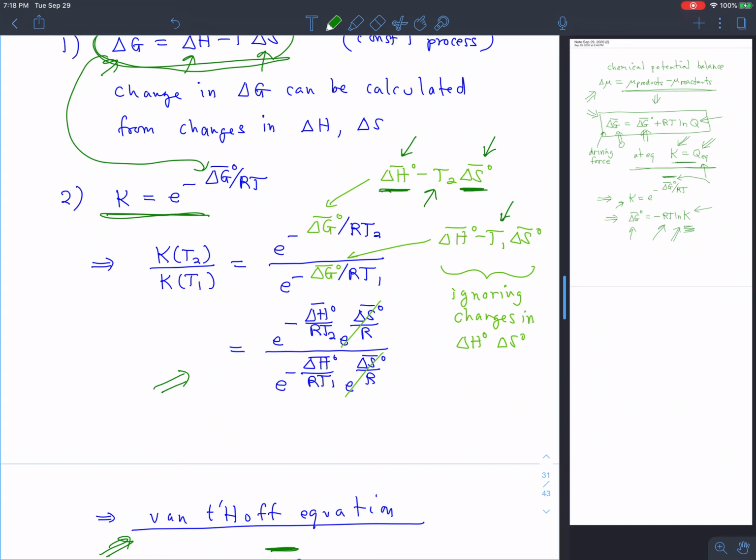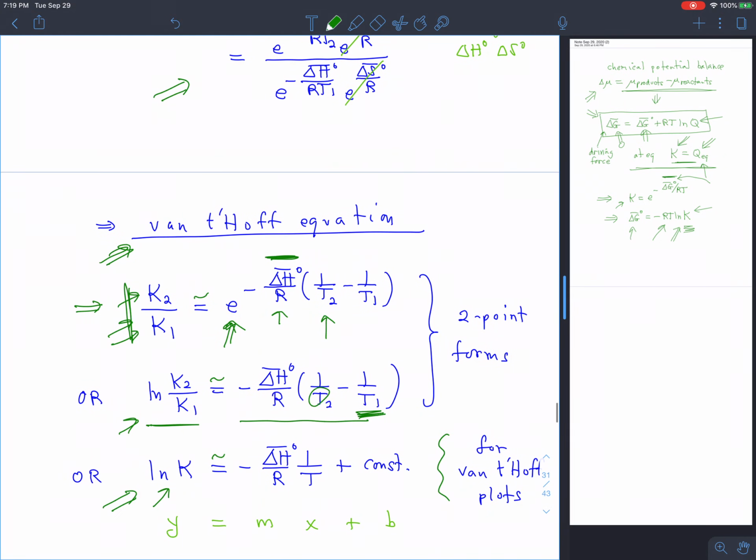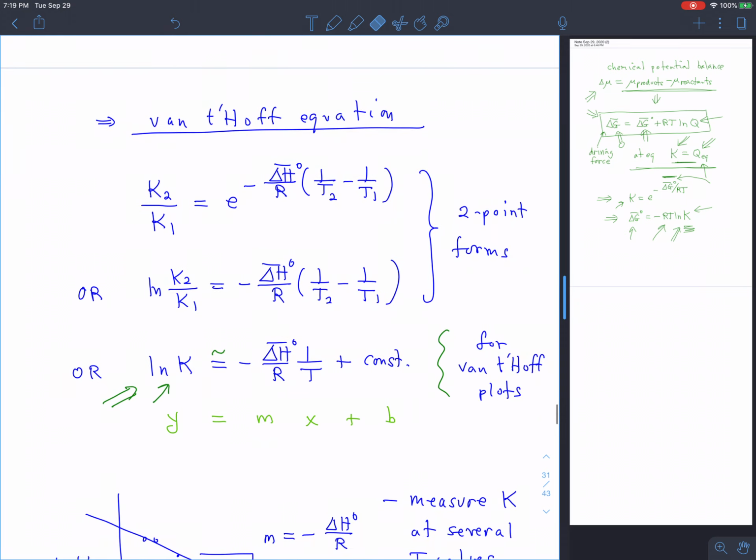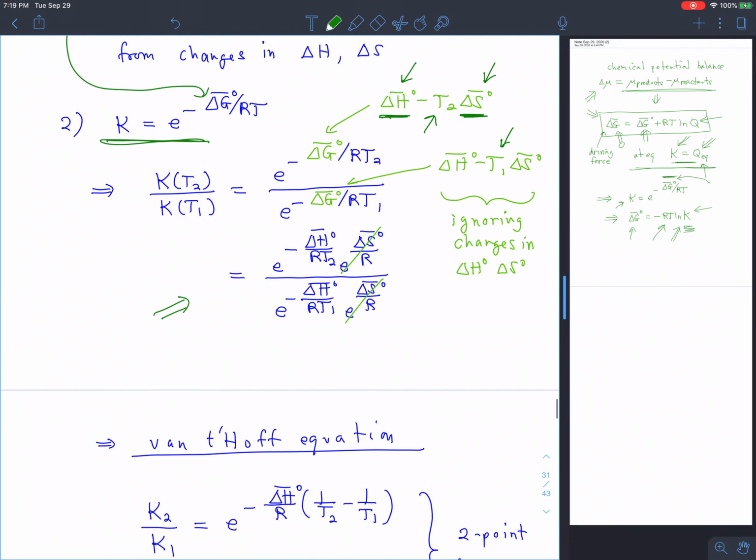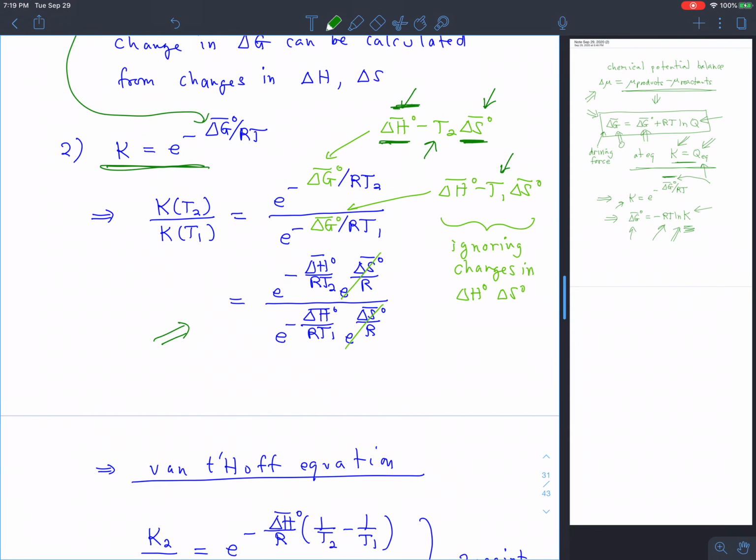That's only true over a reasonably narrow temperature range. If the temperature range gets too wide, then these relationships are no longer correct, and you have to use some more complicated relationships. That is probably not something, well, for certain is not something we're going to do in this class, but I warn you that there are cases, if you've got a 100-degree temperature range or a 200-degree temperature range or something like that, then probably the delta H and delta S values haven't stayed constant over that full temperature change.